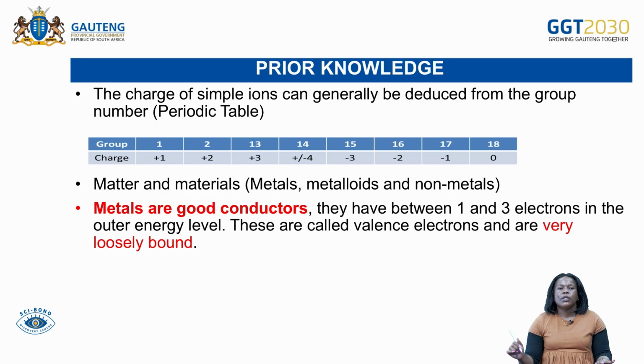All right, so just to remind ourselves and refresh our memories on what metals are. We said metals are good conductors that have between 1 and 3 electrons in the outer level. And those electrons in the outer level are the ones that we call valence electrons, and they are very loosely bound, meaning that they are able to move around very easily from one element to another. Okay.